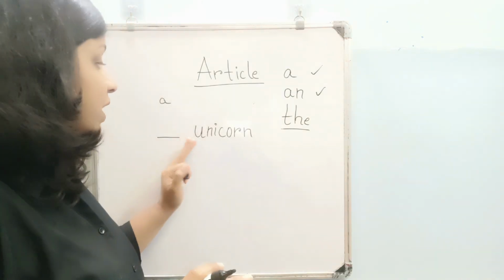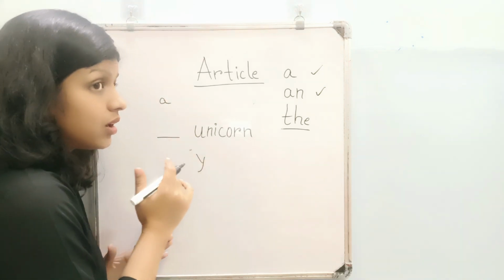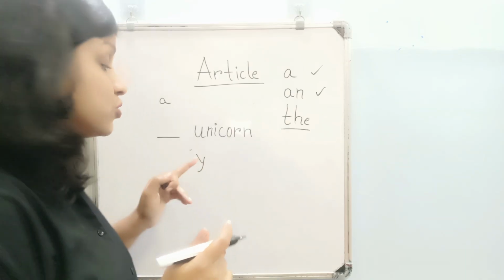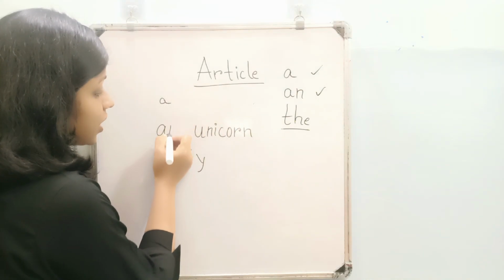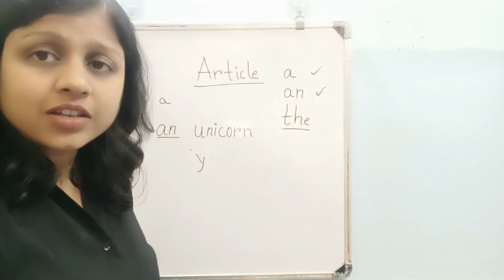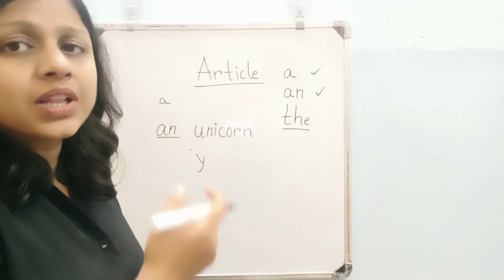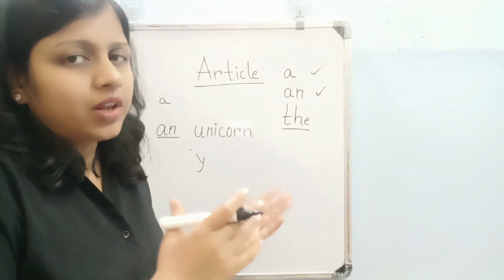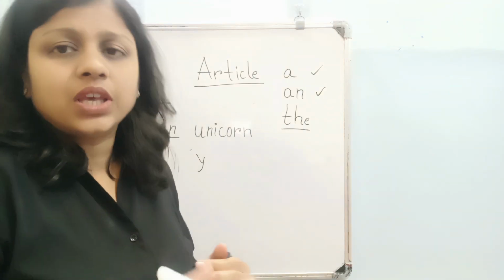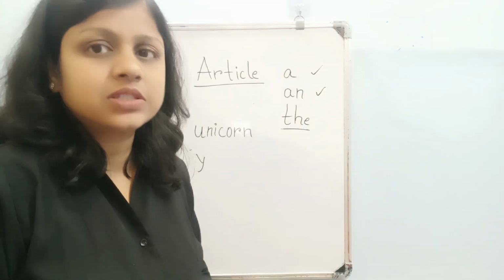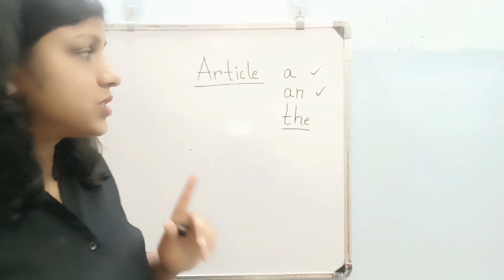But no, when we say unicorn, a Y sound is coming, which is a consonant sound, so we will use the article a. Understood, children? For the basics, we can start by looking at the alphabet, vowel or consonant, and use a or an. But slowly we have to start following the letter sound. So we have to think which letter sound is coming.